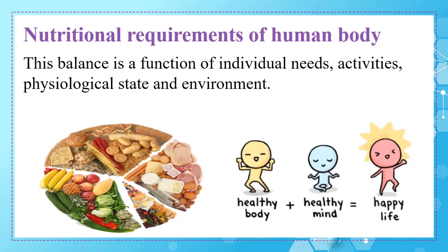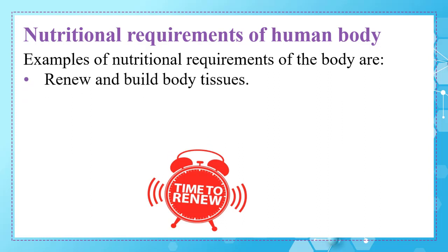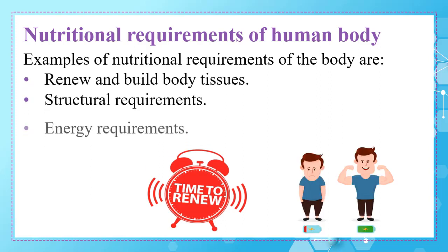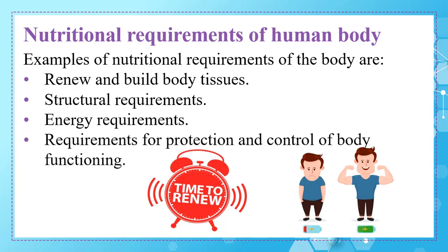This balance is a function of individual needs, activities, physiological state, and environment. Examples of nutritional requirements of the body are renew and build body tissues, structural requirements, energy requirements, and requirements for protection and control of body functioning.